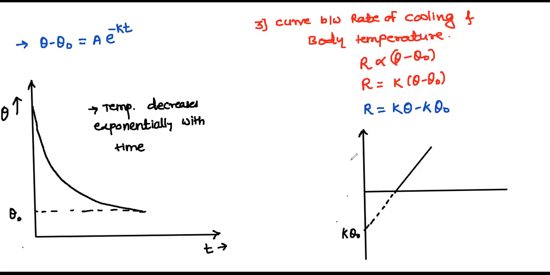Minus K theta naught, right or not? And this is here R. And on this axis, theta is the temperature. So this is a straight line that cuts the y axis at minus K theta naught, right? Yes or not?